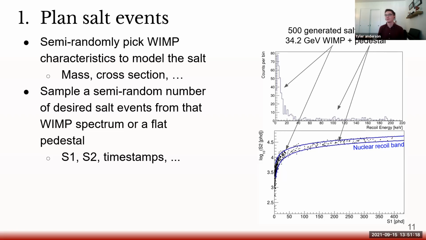And also we don't want to pick a WIMP that we would have expected to have detected already in a previous experiment. Once we get a WIMP model, we can start sampling S1 and S2 values from the WIMP and also from a flat pedestal, which will just fill out the remainder of the NR band, as you can see in the picture. And with each salt event, we also get a timestamp of when we want to place it in data.